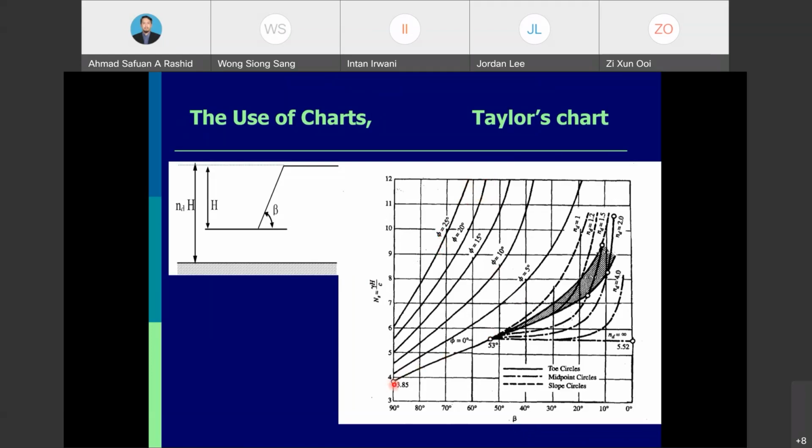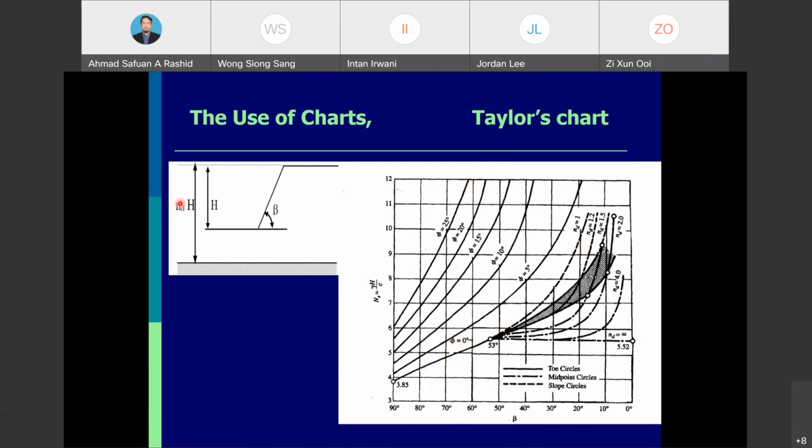While this last line is dedicated to phi equal to 0, where it separates the line into several ND values.